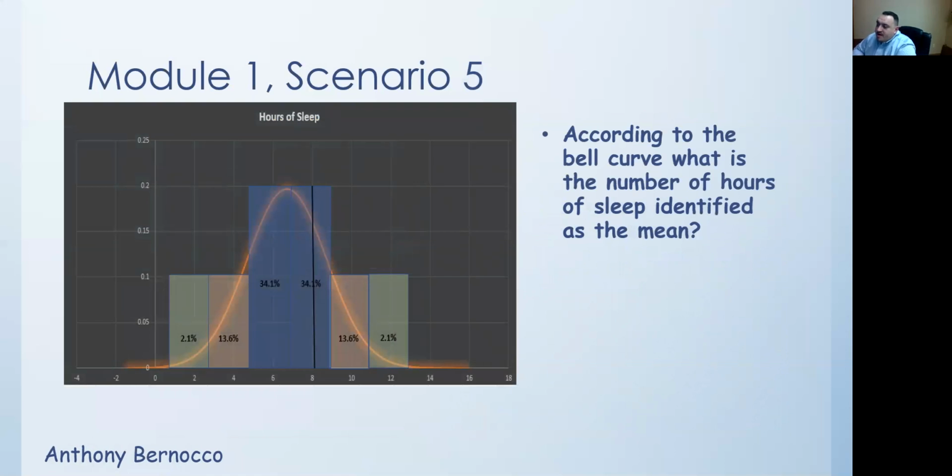Scenario 5 is the hours of sleep of the Duke University students. According to the bell curve, what is the number of hours of sleep identified as the mean? According to the bell curve, the mean is 6.7 hours of sleep.